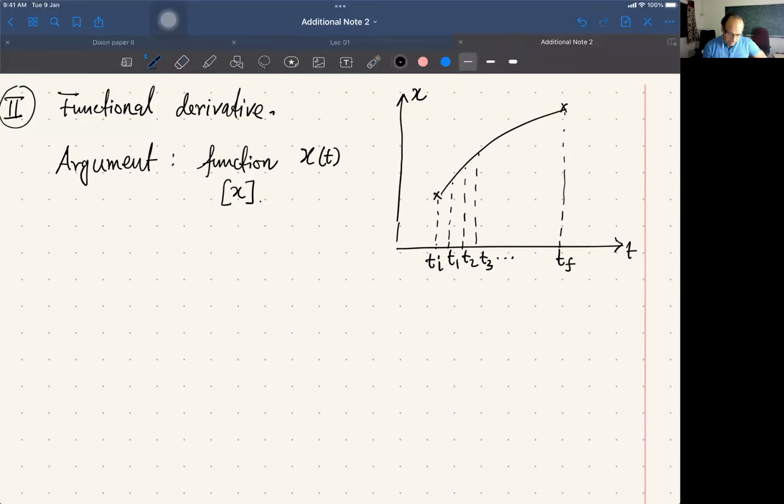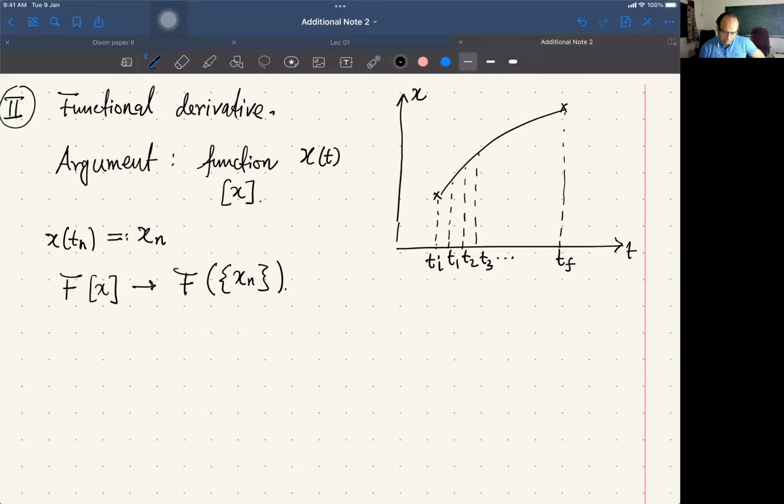So x of tn can be written as xn. So at each discrete value of t, the value of x is an independent degree of freedom, and therefore a functional f of x is nothing but an ordinary function of all these xn's. So in the discrete version, it becomes an ordinary calculus, and then you can integrate each.